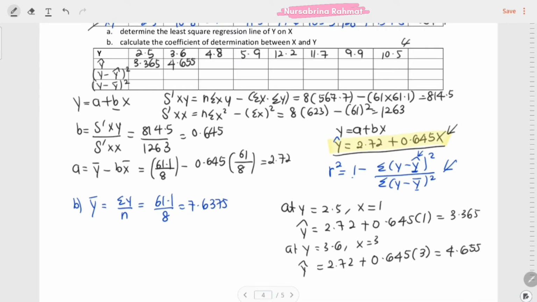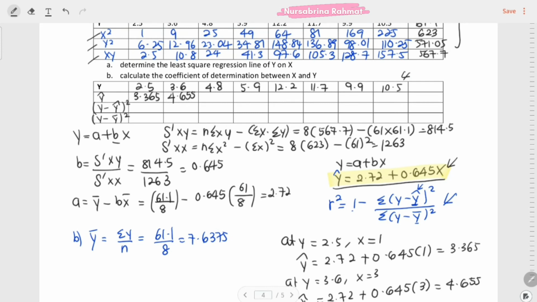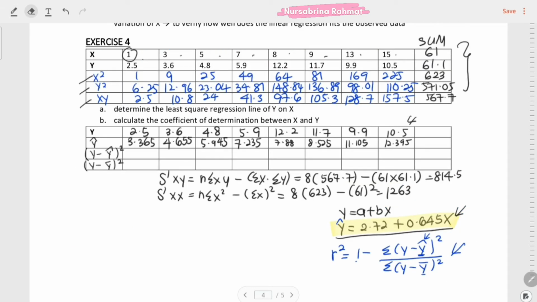Please continue to fill up the data until the Y equals 10.5. I already calculated all the regression Y values.